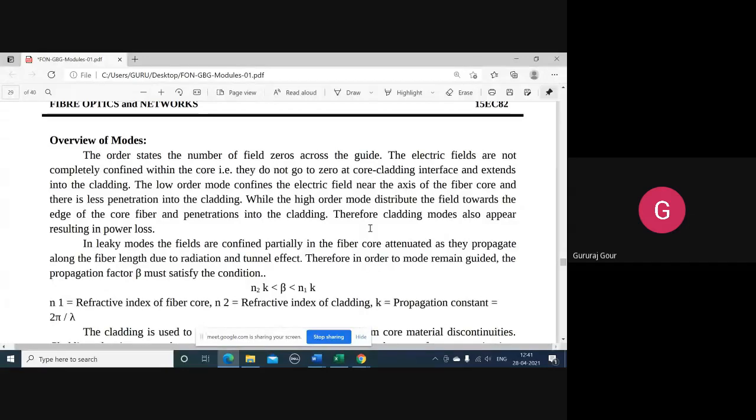So the main thing in the case of the cylindrical guide: the order states the number of field zeros across the guide. The electric fields are not completely confined within the core. They do not go to zero at the core-cladding interface and extend into the cladding.